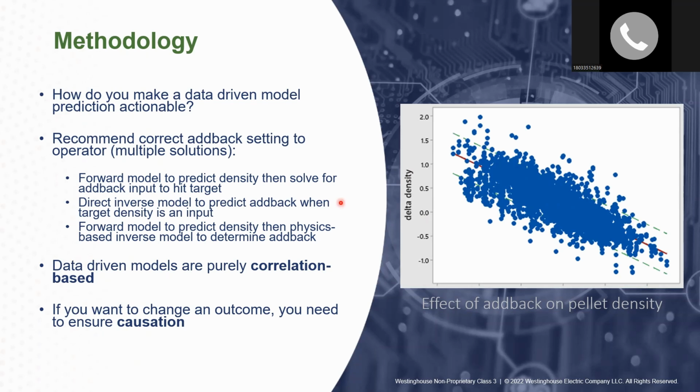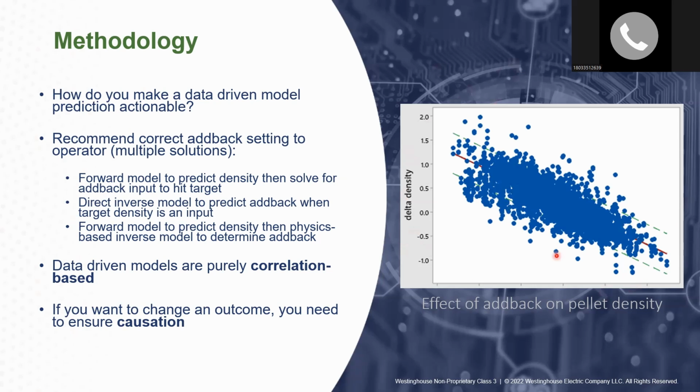The relationship between add back and density that we have observed for many years is a causational relationship. We know by experimentation, by manufacturing, that if I move the amount of add back, I will adjust the percent density by a certain amount. And that relationship is actually kind of shown over here on the right-hand side.